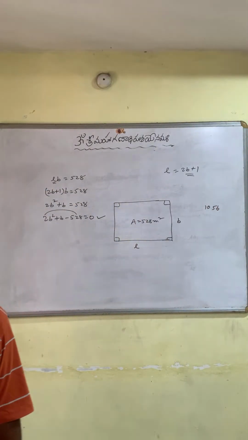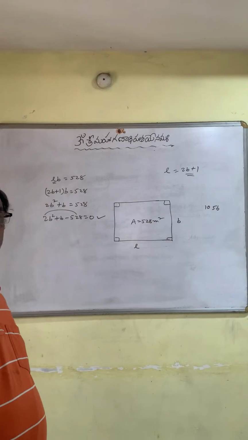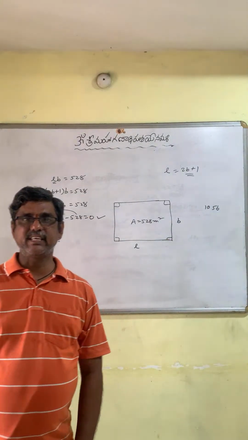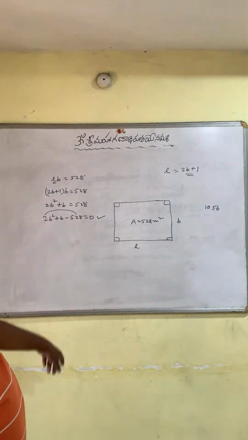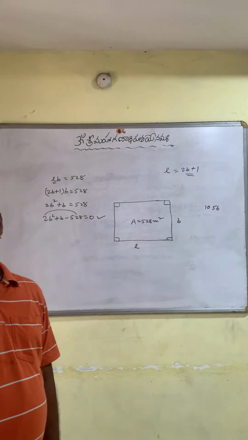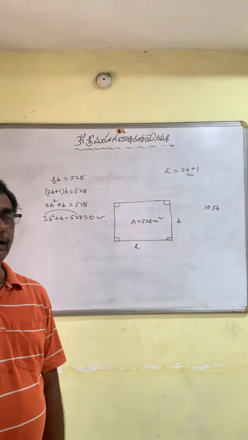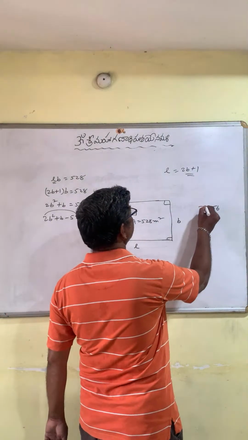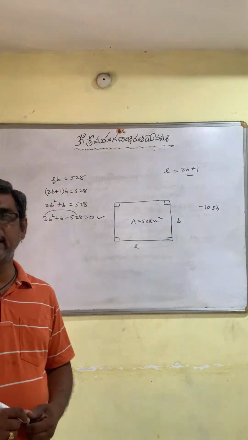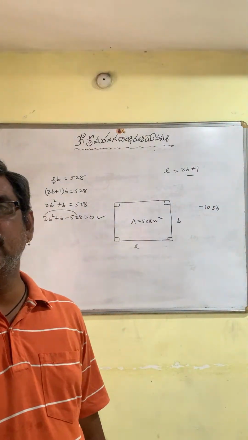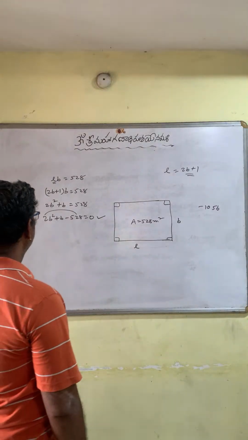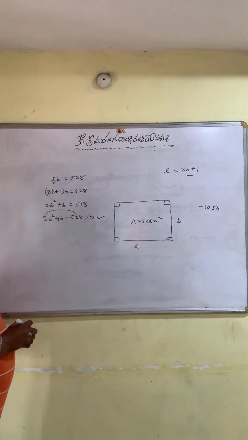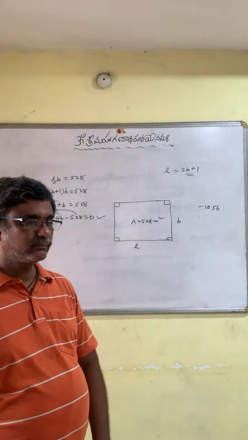So we need to search for two numbers whose product is negative 1056 and sum is plus 1. Middle term is 1b, plus 1.